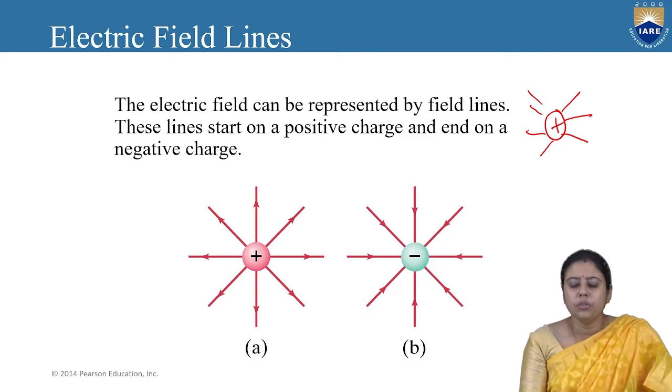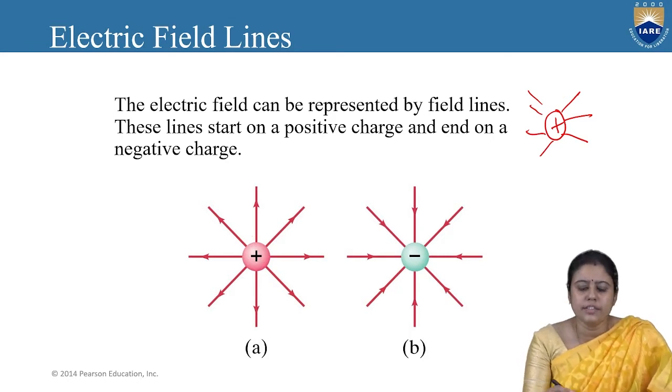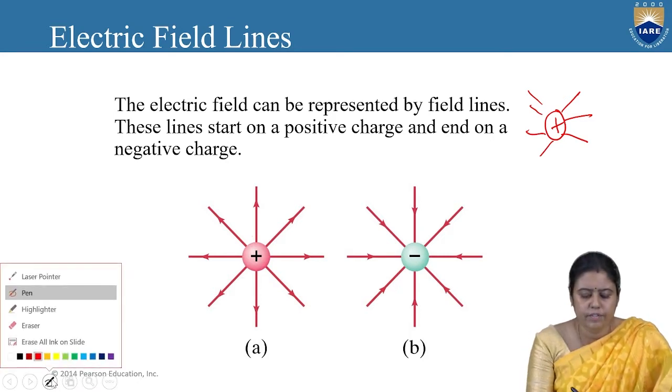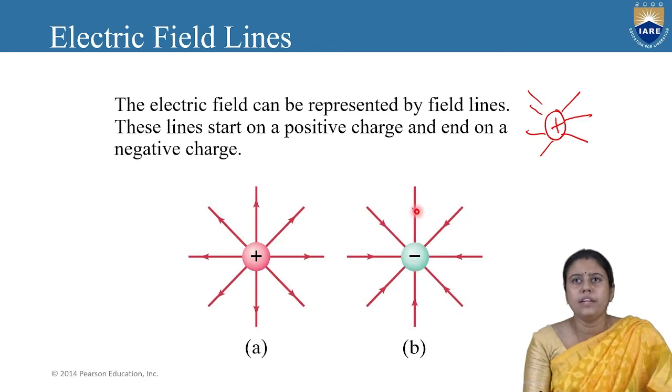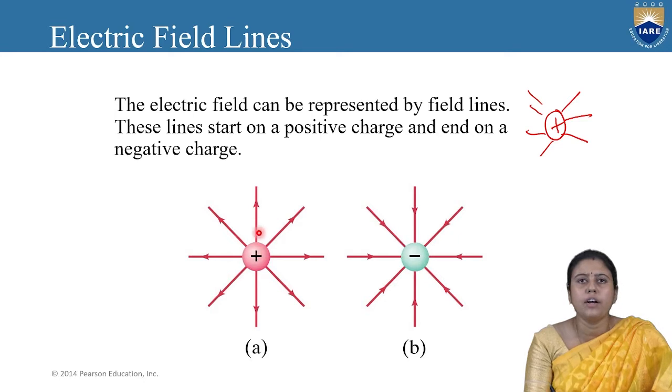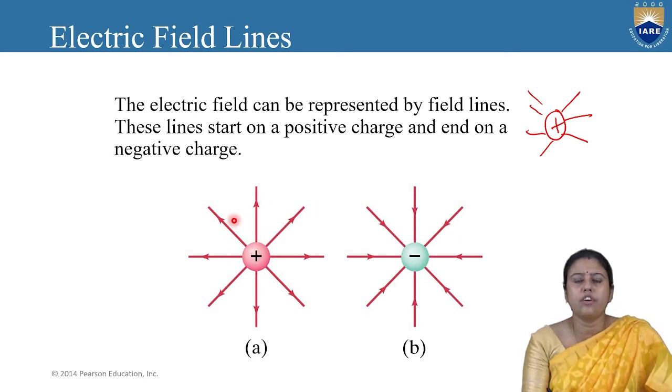Now, from the positive charge, we assume that the electric lines of force start from the positive charge and meet at the negative charge. So from the positive charge, what is the nature of the electric lines of force?